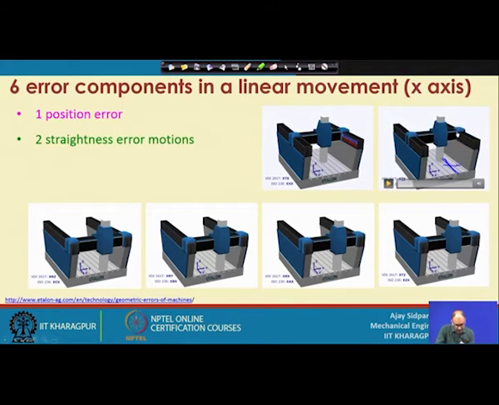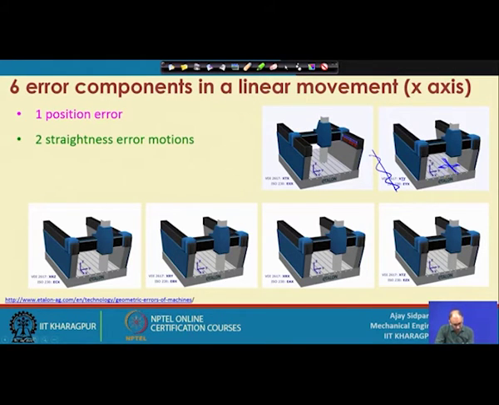Right. If you see this particular location, you can understand that it is moving in both directions. Now, if you see this location, it is coming a little bit in this direction and this direction. So, your motion is actually in this direction. So, instead of a straight line, you are actually cutting in this direction. So, this is the first straightness error, in the y direction.